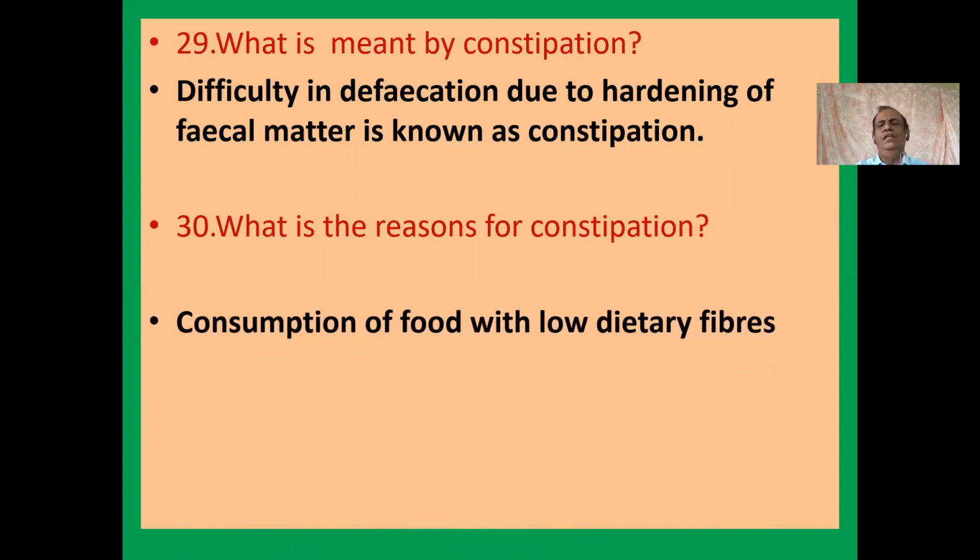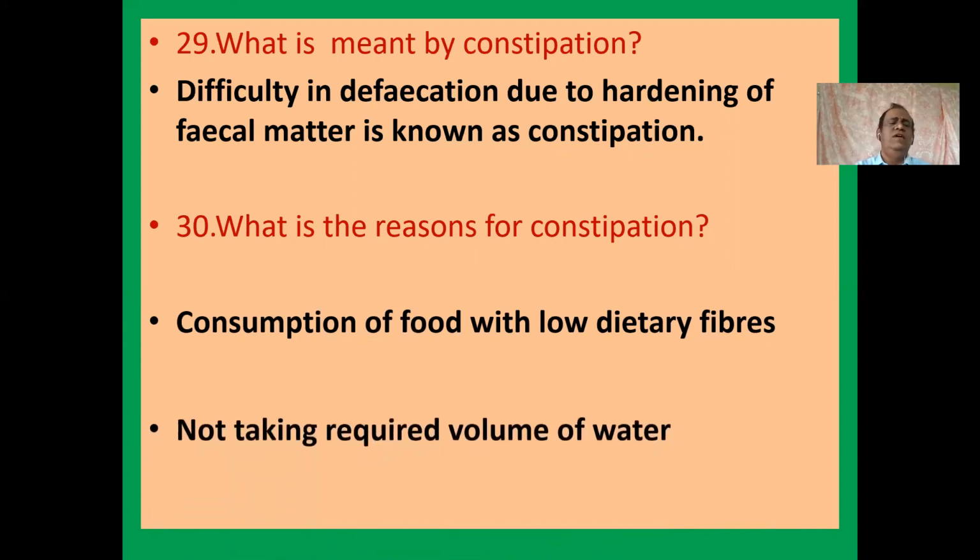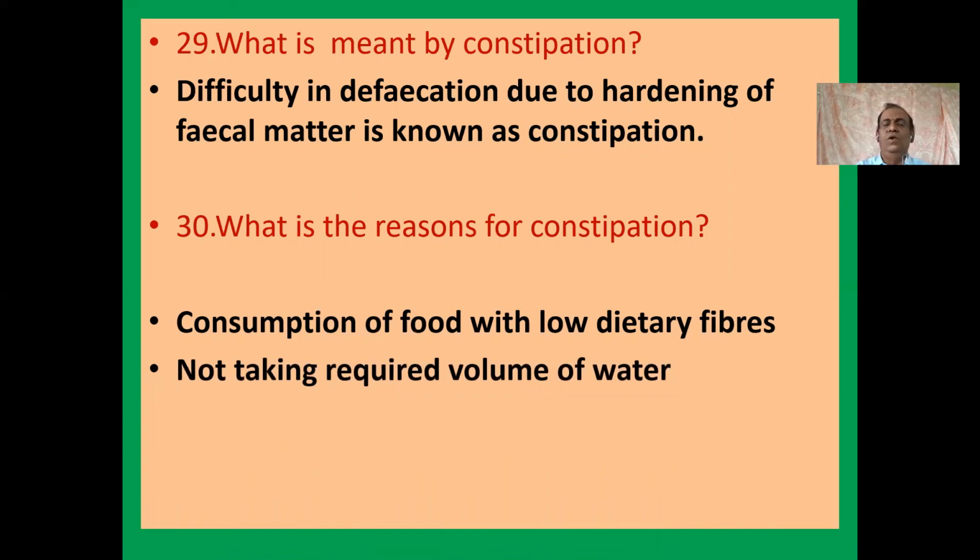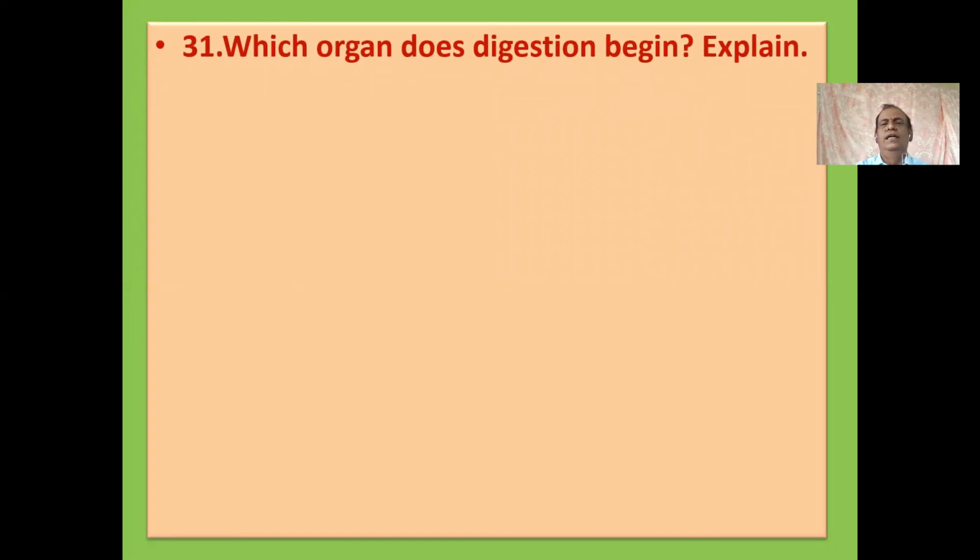Dietary fibers are rich in fruits and leafy vegetables, but some people do not take those diets. Next, not taking enough water, the required volume of water. So we have to drink enough water to prevent this disease. Postponing defecation is also very important.